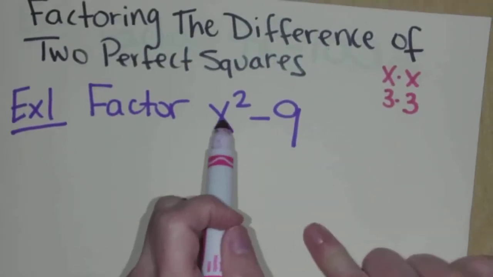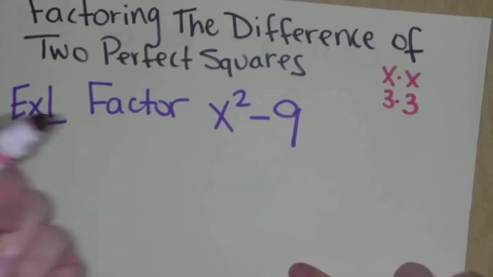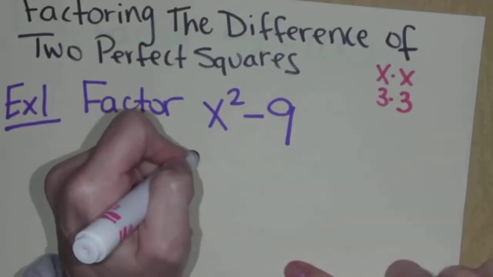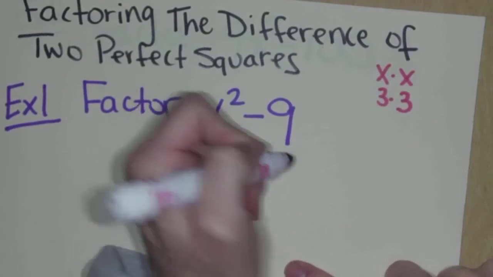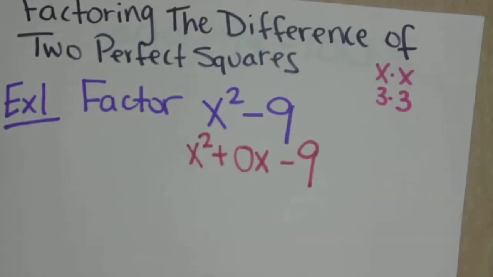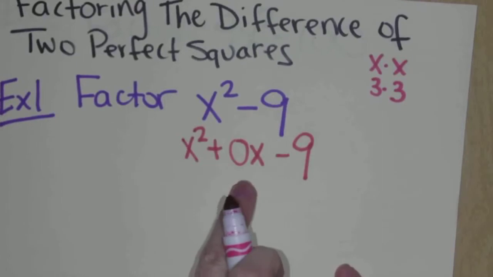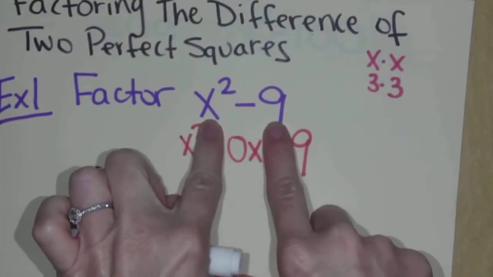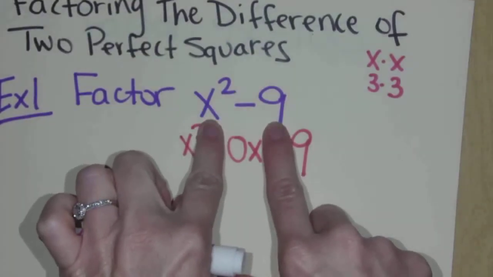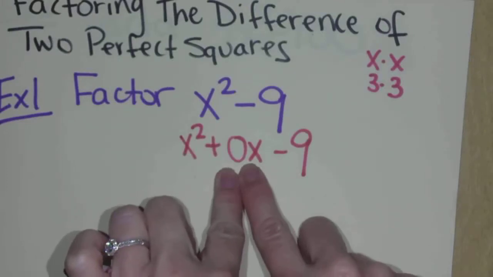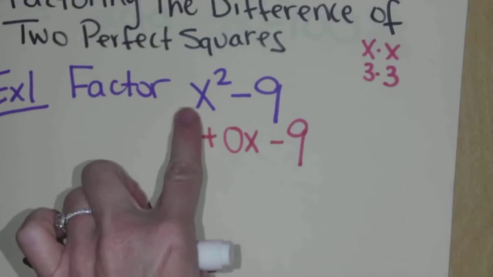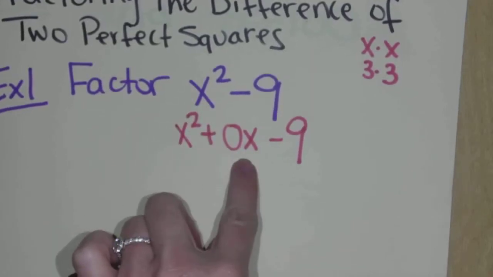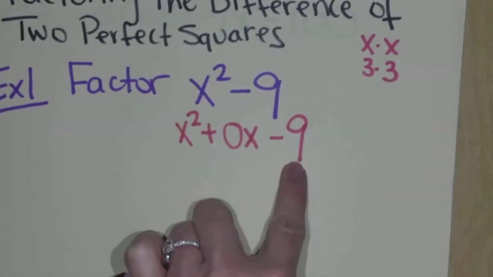Now, some people ask, where's the middle? There is no middle. We've been factoring trinomials, but in the difference of perfect squares, the middle is gone. If you'd like to put a placeholder in there, you can. It's really x squared plus 0x minus 9.